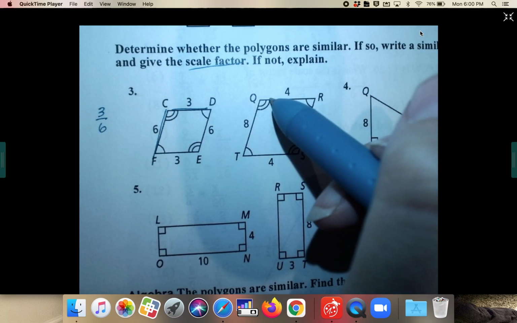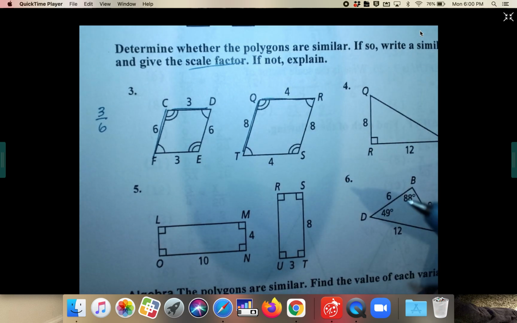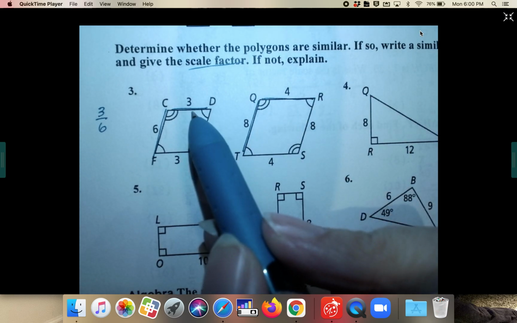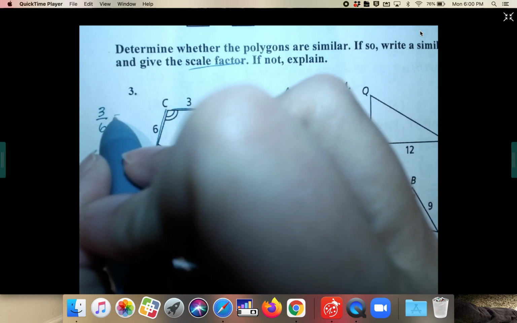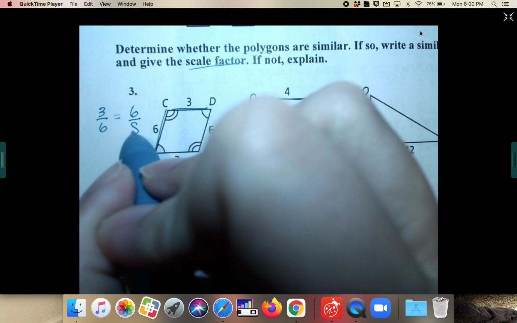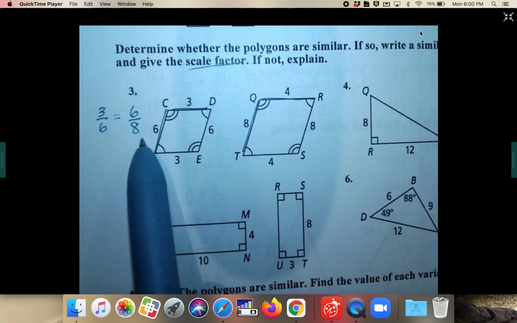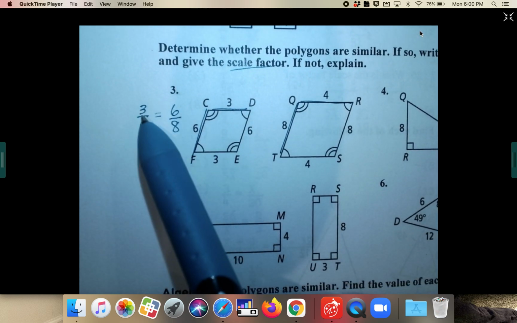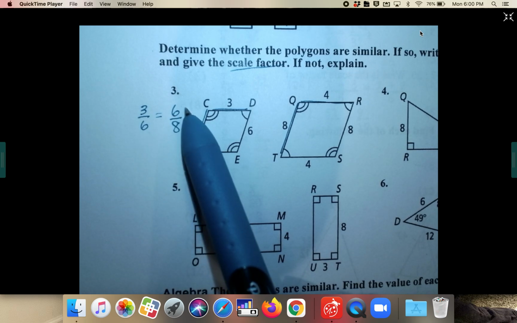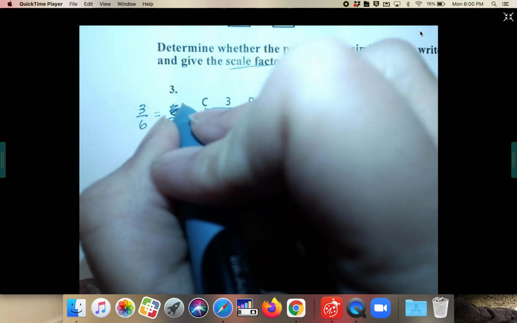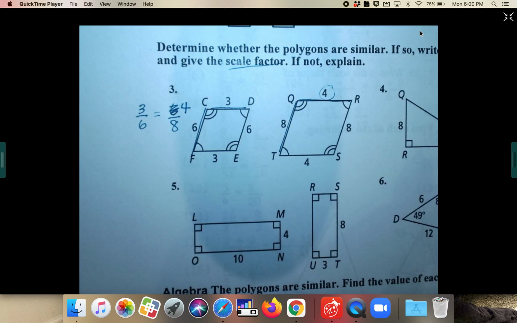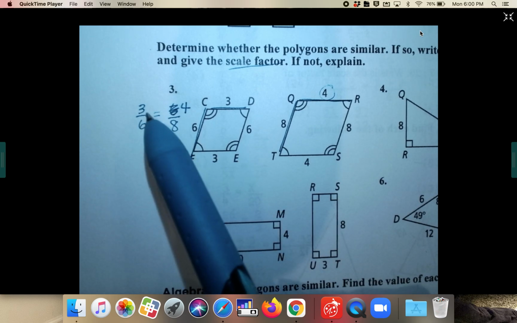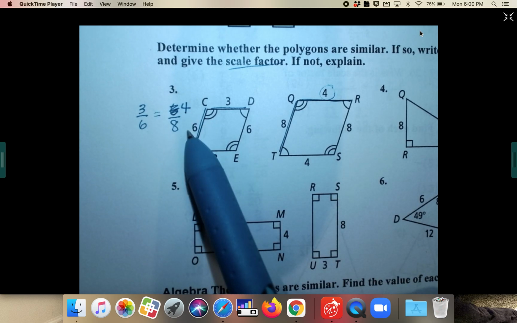And this is 4 to 8. So I just picked two sides that are corresponding, and I'm going to set them up in two fractions, kind of ratios like we did up here with the side lengths. And 3 over 6 simplifies to one half, and 4 over 8 is also one half. So this would equal half. This would also equal half.